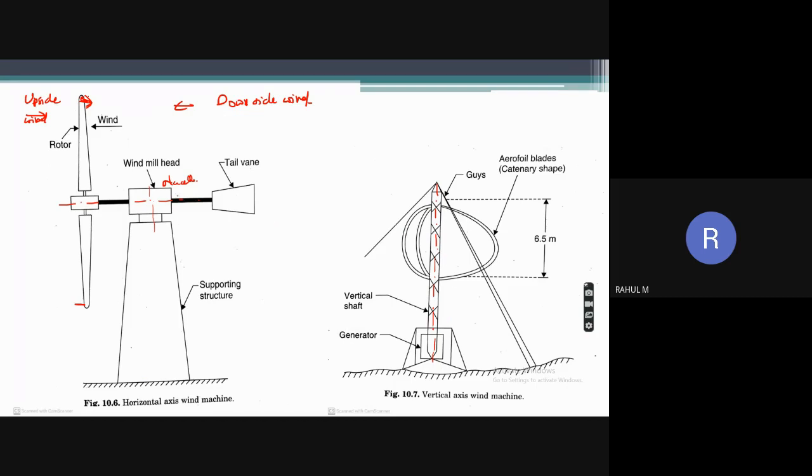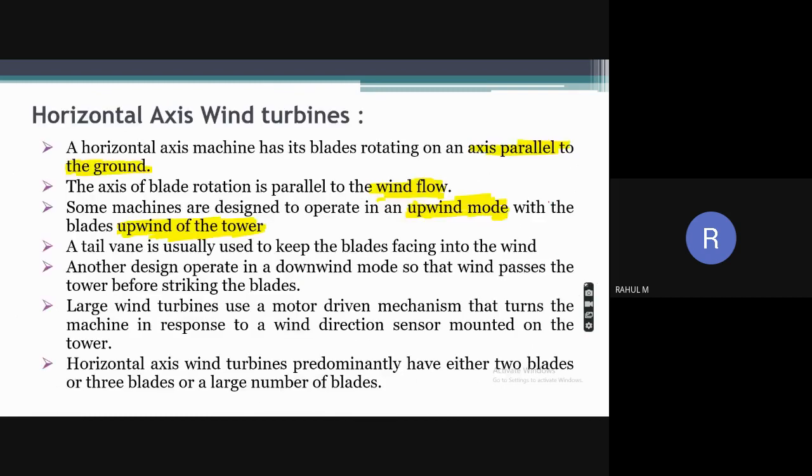Because a horizontal type windmill will be at a very high height of around 10 to 20 meters, any maintenance or removal is much more hectic. With a vertical axis wind machine it is comparatively simple, and as you can see, the maximum height is almost equal to 6.5 meters. Now we'll see how it works.